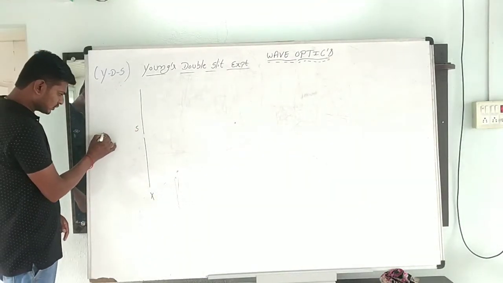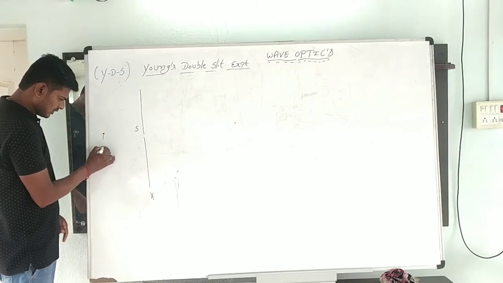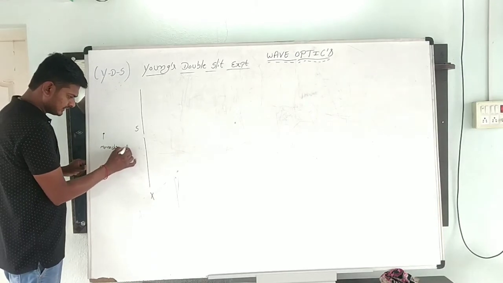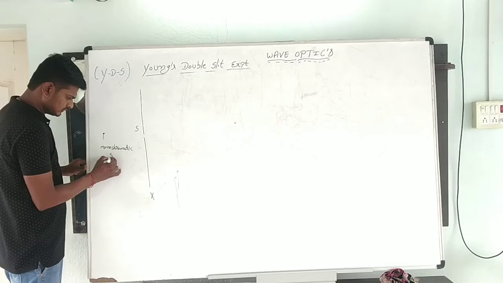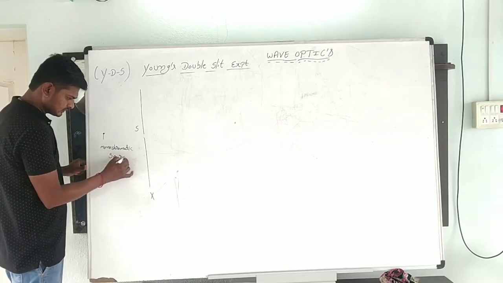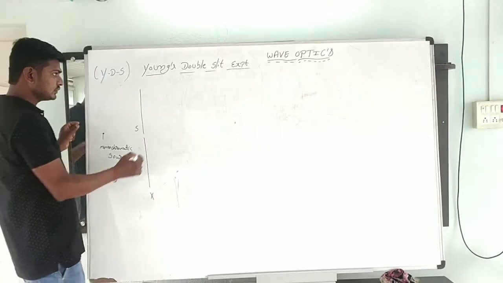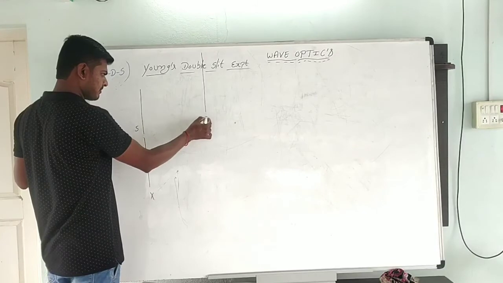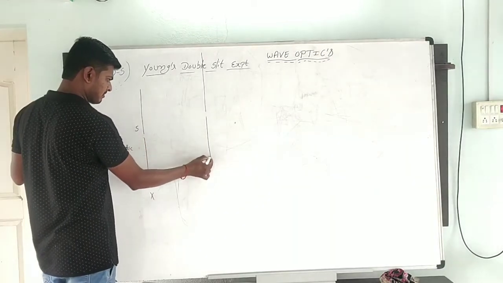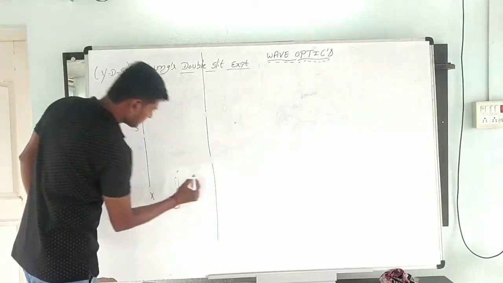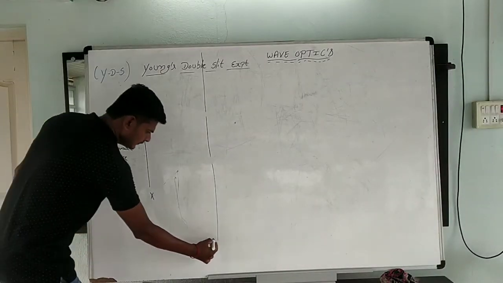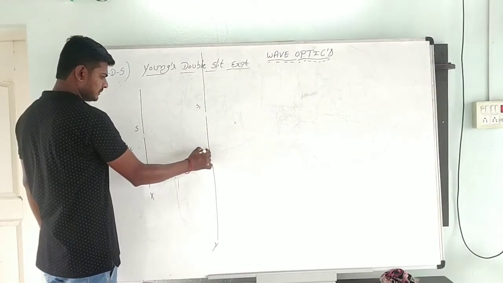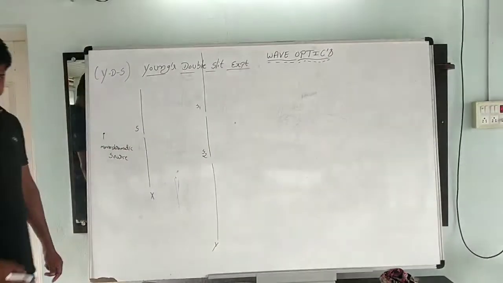Here he takes a monochromatic source of light. Again, he takes one more screen with two slits, S1 and S2.